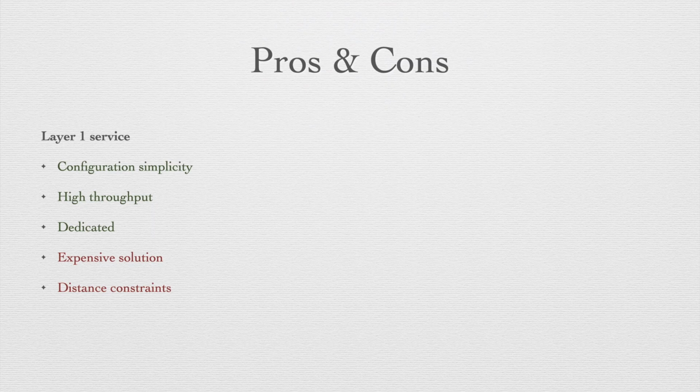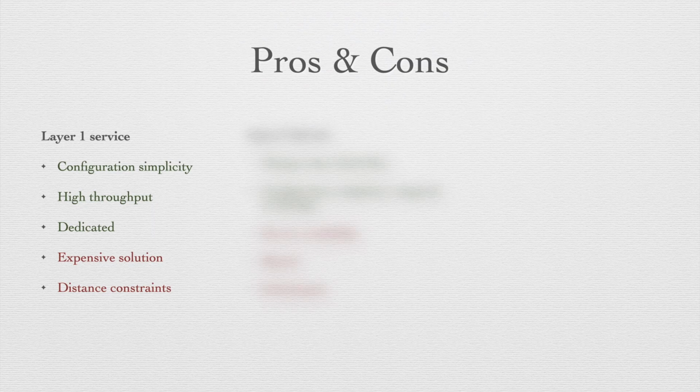Both are viable options, by the way. Some of the cons could be that dark fiber links tend to be expensive compared to the other options. Also, they may have constraints related to long distance requirements. You always need to check the feasibility with the service providers on such services before finalizing this as a solution.